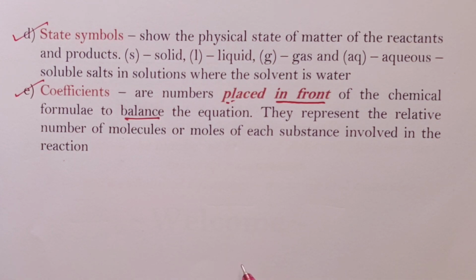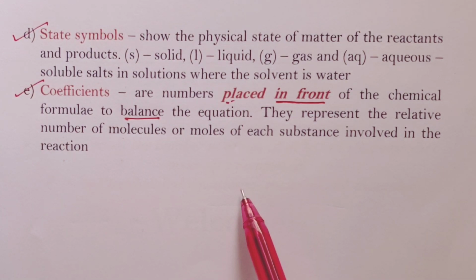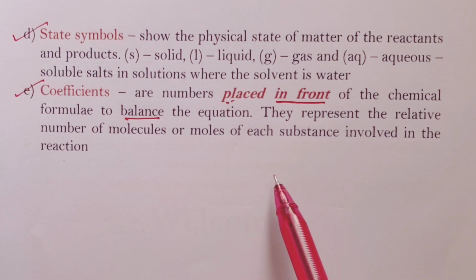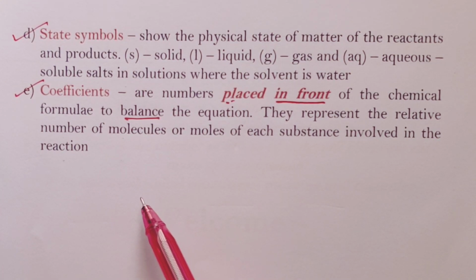Learners, I want you to take note, these coefficients are not placed after, neither do we place them in the middle of a chemical formula. They have to be in front of the formula. Now, the coefficients represent the relative number of moles of each substance that is involved in the reaction.